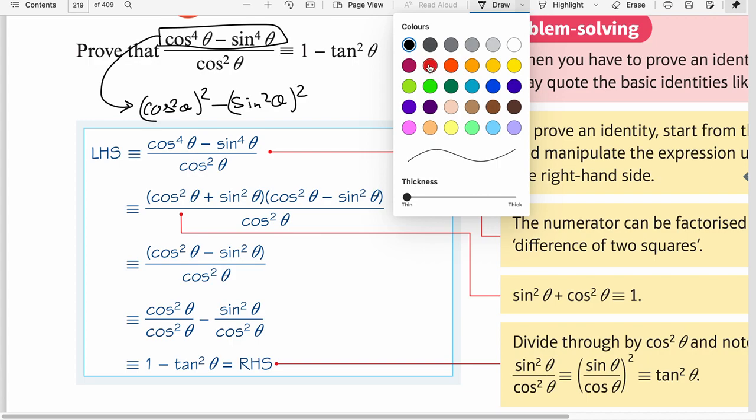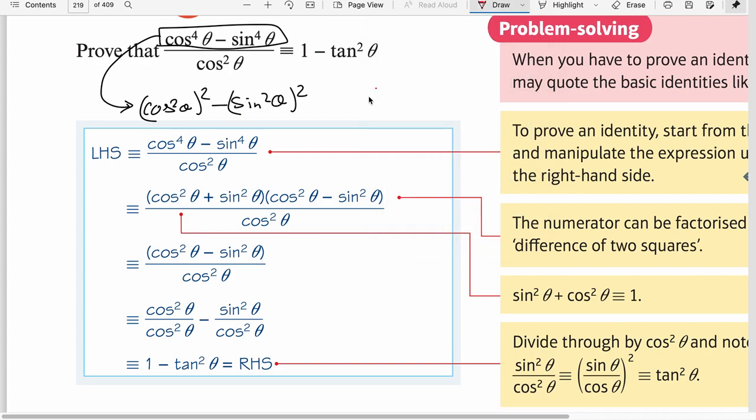Now having said that, left hand side is equal to right hand side. We're using left hand side and we'll simplify it to this. Is this step clear? Circled in red.